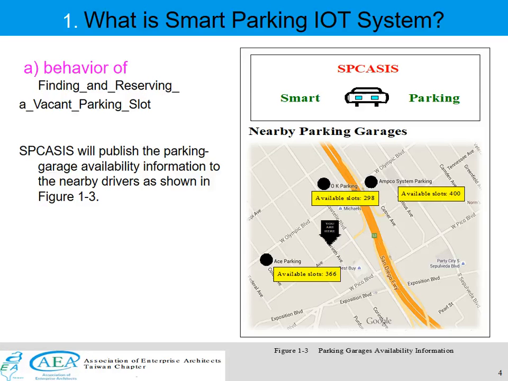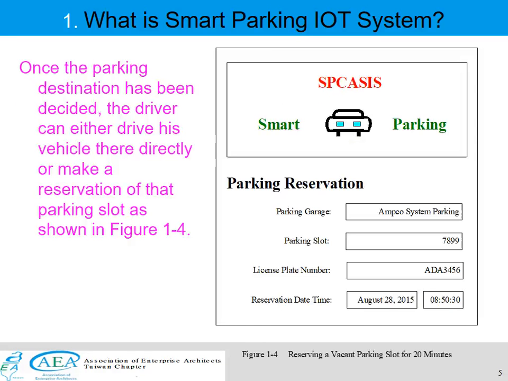SP cases will publish the parking garage availability information to the nearby driver, as shown in Figure 1-3. Once the parking destination has been decided, the driver can either drive his vehicle there or make a reservation of the parking lot as shown in Figure 1-4.